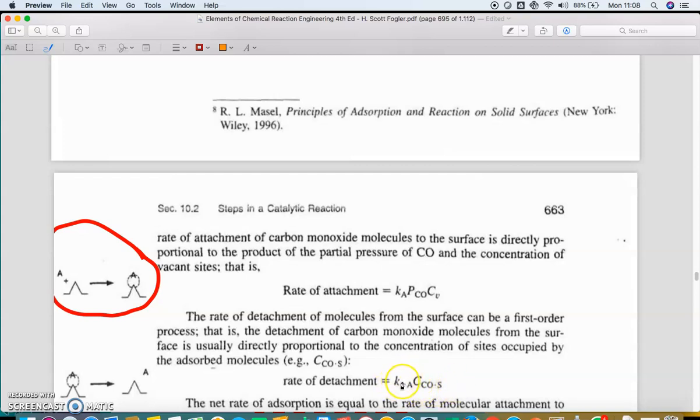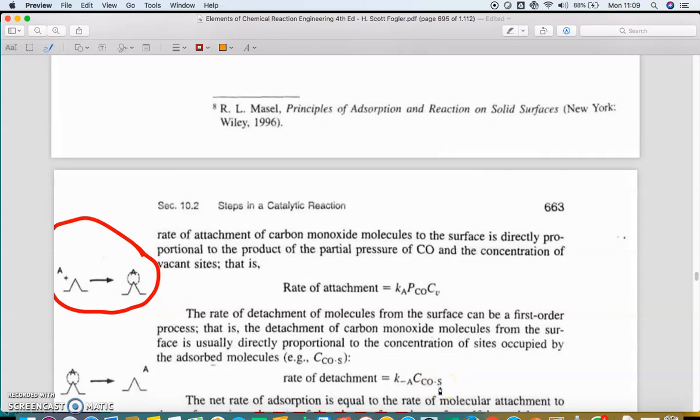You have the same reaction rate or adsorption constant, but on the opposite side. Now we are talking about detachment. The A is already attached on the catalyst surface, so it is no longer P, it is C. We describe it as the concentration of carbon monoxide or reactant that has attached on the catalyst surface.